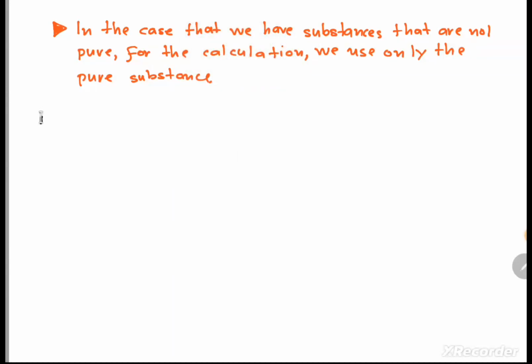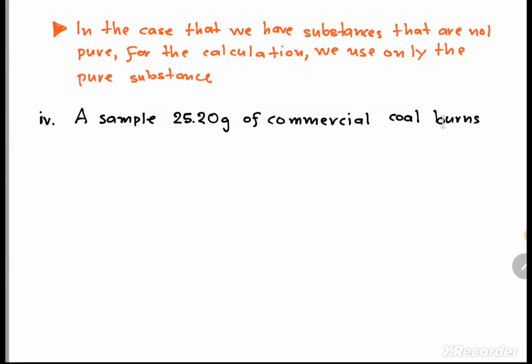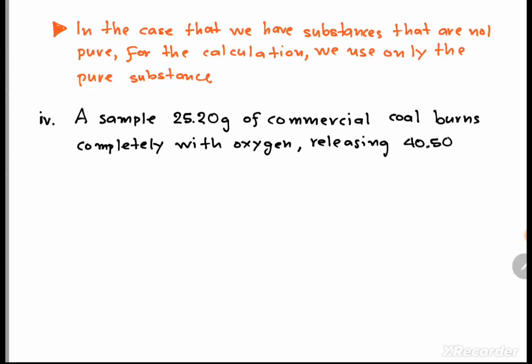Let's see, for example, a sample of 25.20 grams of commercial coal burns completely with oxygen, releasing 40.50 dm³ of carbon dioxide at STP.